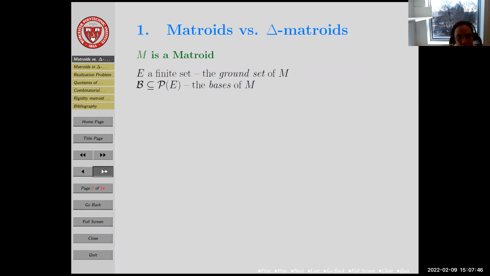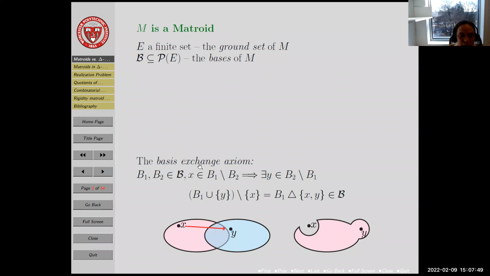And then there is only one axiom in connection with the bases, namely: if I have two bases B1 and B2, and they are distinct from each other, and there is an element X in B1 minus B2, then I can find an element of B2 minus B1, so that if I join this one element from B2 minus B1 to B1 and take out X, then I have another basis element.